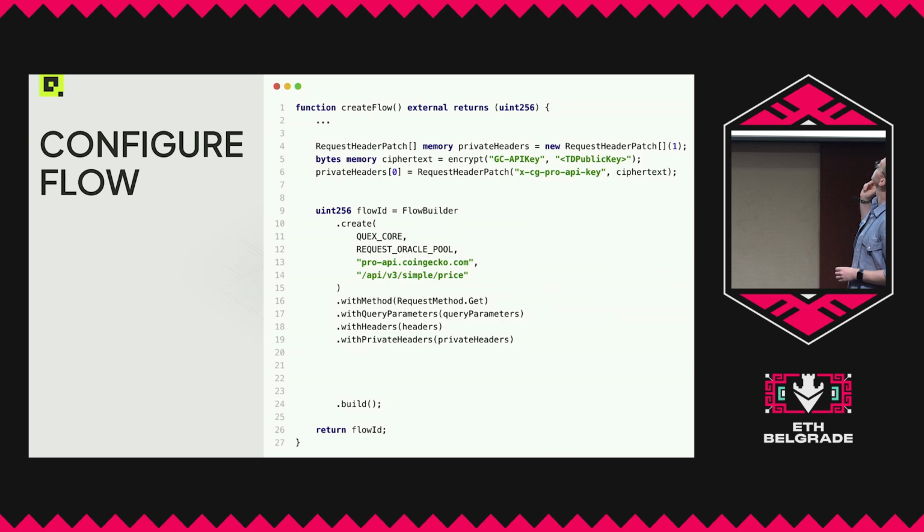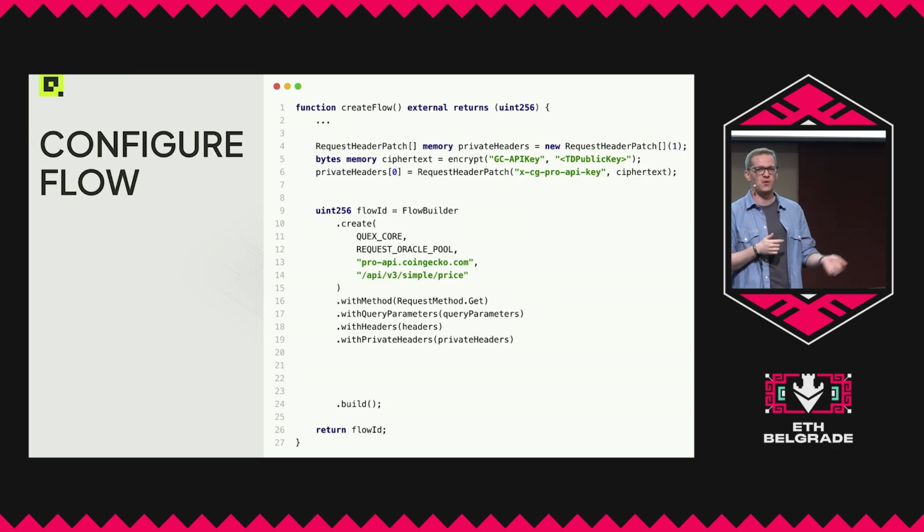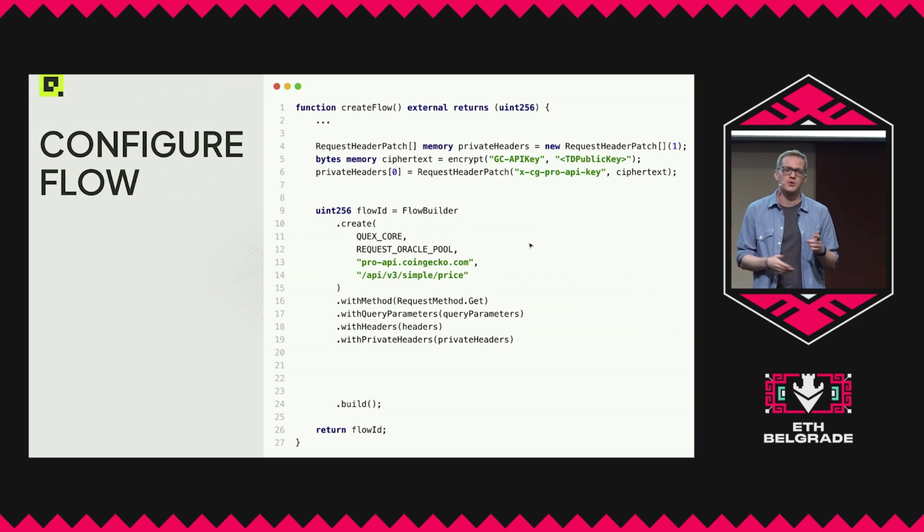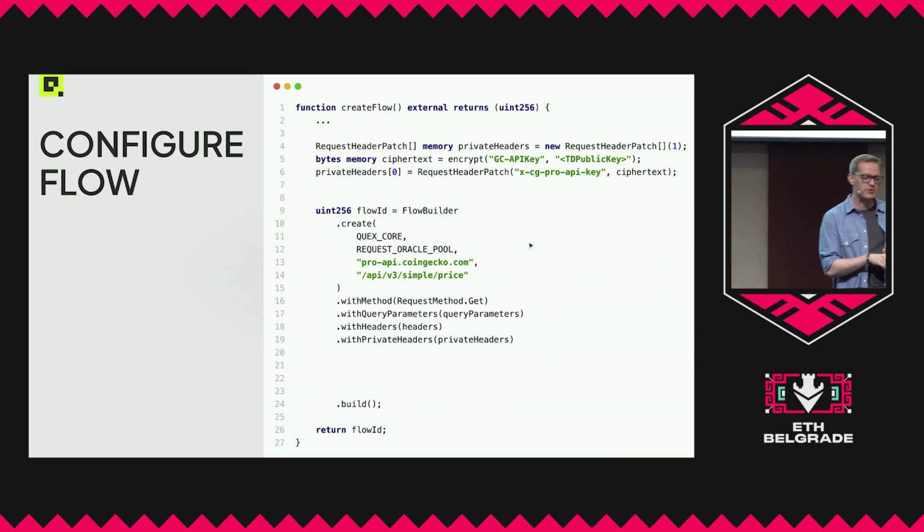This public key can be found in our documentation, as well as the addresses of Quex contracts and Oracle pool contracts I mentioned before. So we encrypt this and add it to our flow builder. Also, it's possible to add encrypted query parameters, encrypted body, and encrypted path suffix.